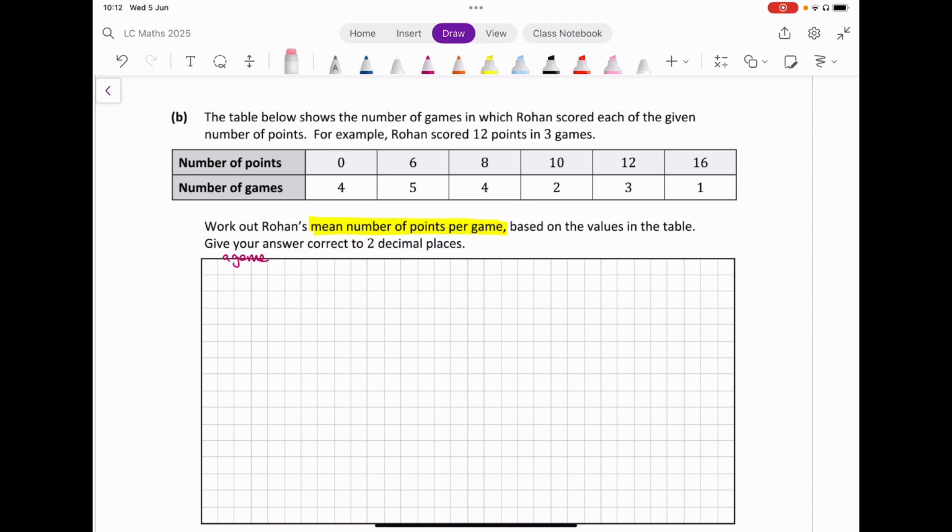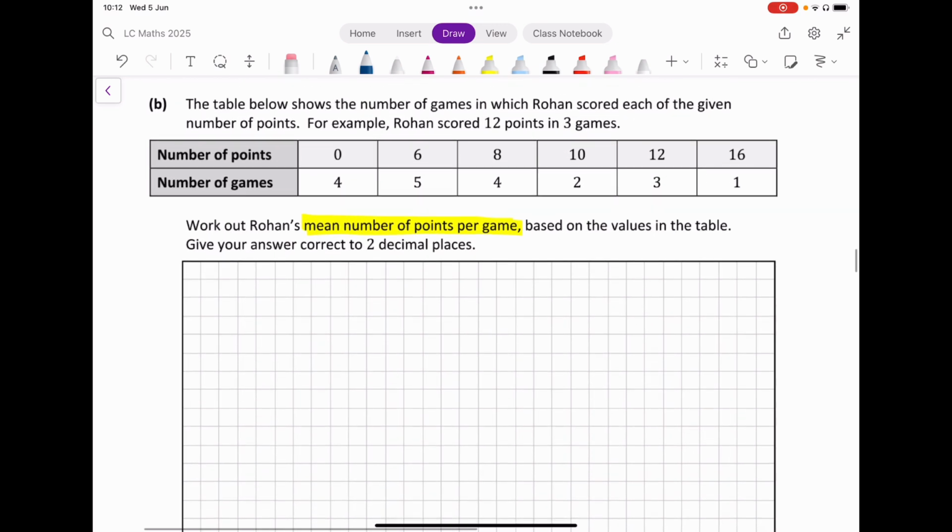So the easier way to do this, if we're looking at a question like this, a frequency distribution table, is we're going to go, well, 4 multiplied by 0 plus 5 by 6 plus 4 by 8 plus 2 by 10 plus 3 by 12 plus 1 by 16.